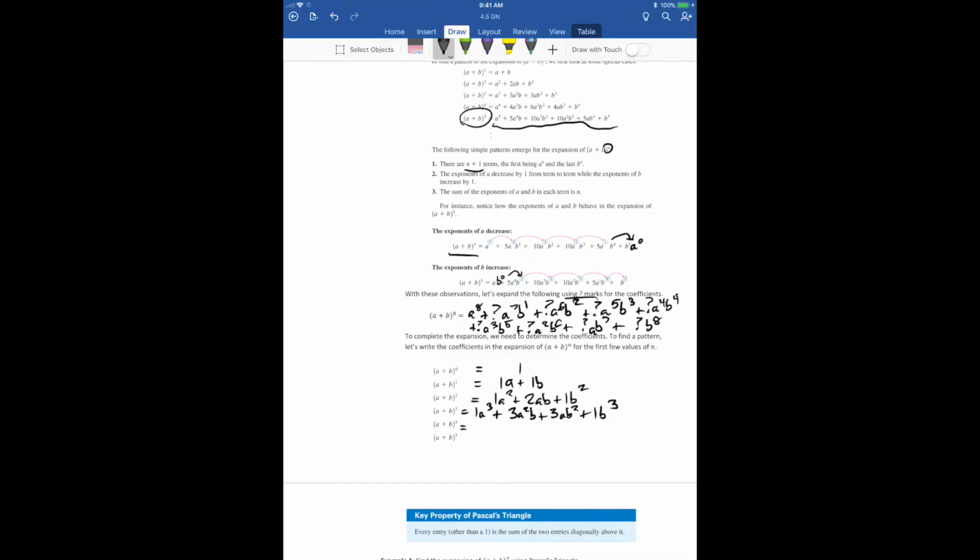A plus b to the 4th is 1a to the 4th plus 4a cubed b plus 6a squared b squared plus 4ab cubed plus 1b to the 4th.